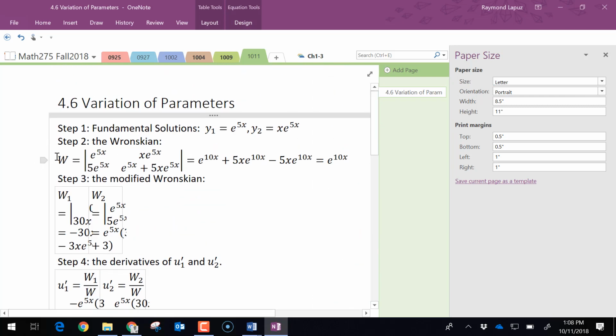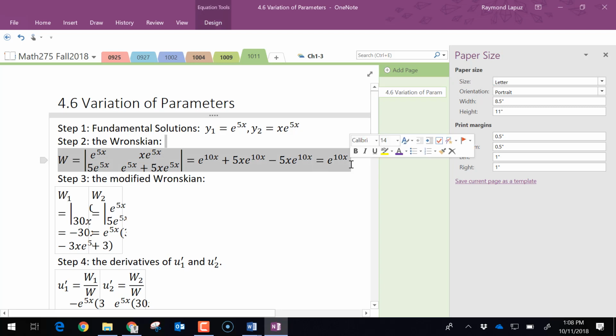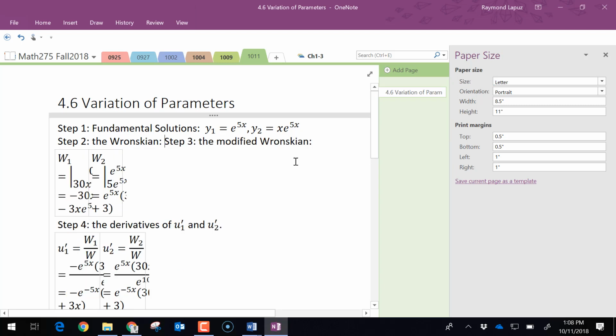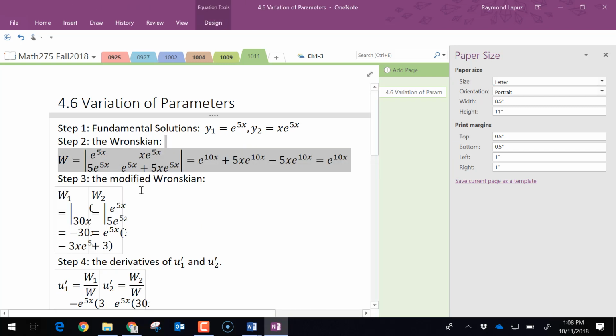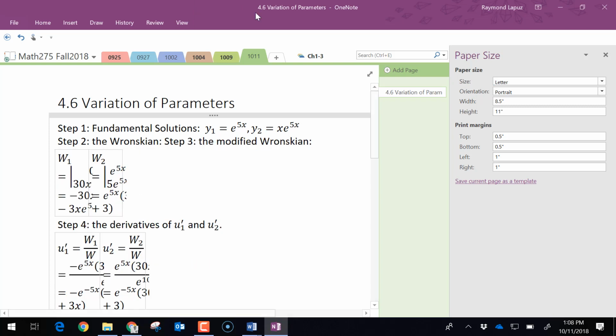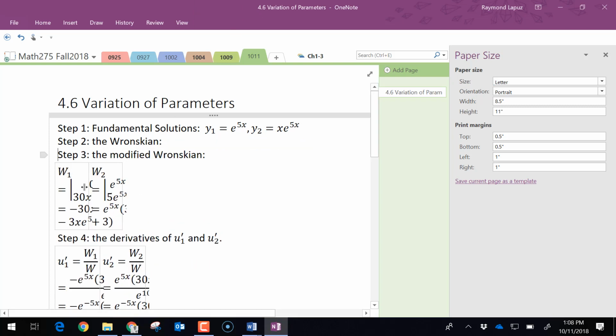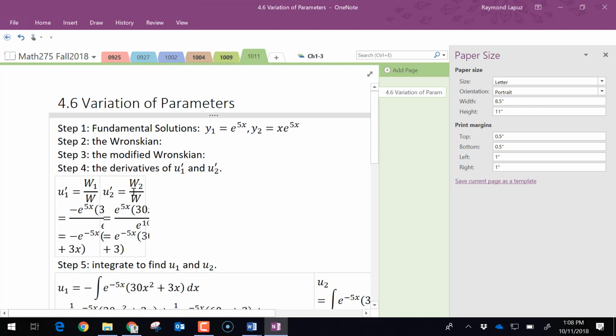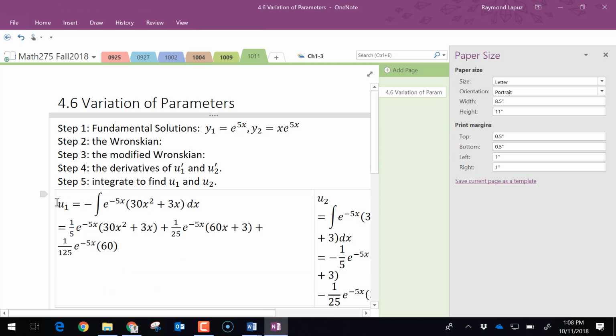Step 1, fundamental solution. Step 2, the Wronskian. Step 3, the W1, W2. Step 4, divide by the Wronskian to get u1 and u2 primes.